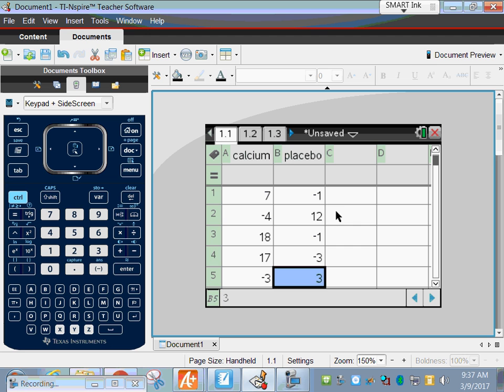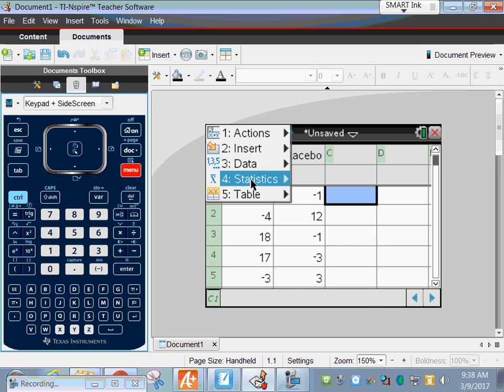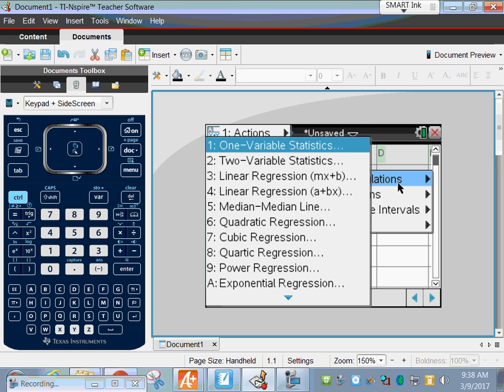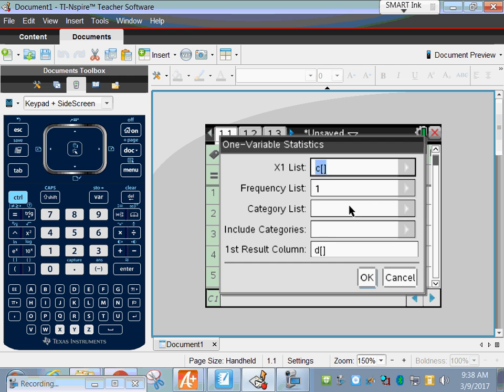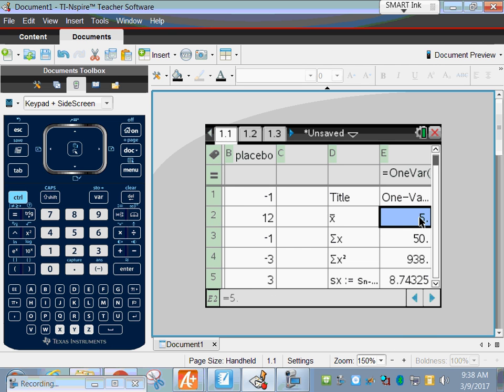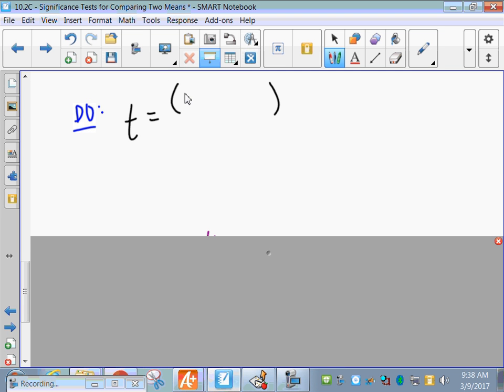So again, make sure you know how to do the one variable statistics for each one. You guys remember that, right? So if I do calcium, I get 5. All right, and then you go through and do the other one, and you'll get a mean of negative 0.273.